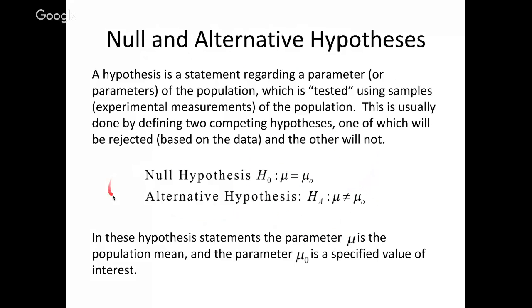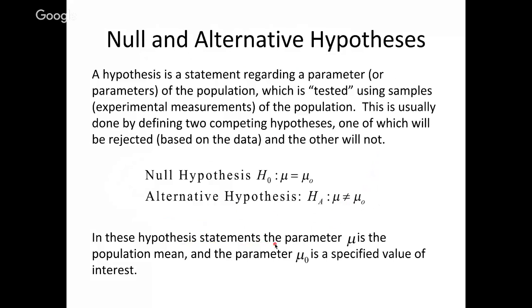And so I've just repeated the set of hypotheses that I had in that previous slide here. The null hypothesis, denoted by H sub 0, 0 referring to the null, is that the mean is equal to mu naught. And then the alternative hypothesis, where I'm subscripting with A for alternative, is that mu is not equal to mu naught.